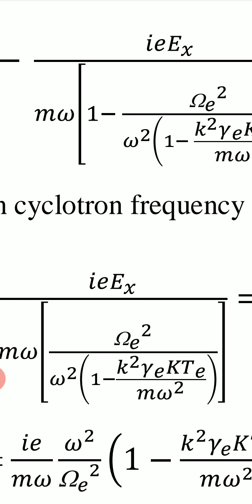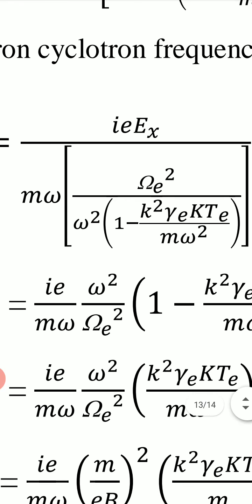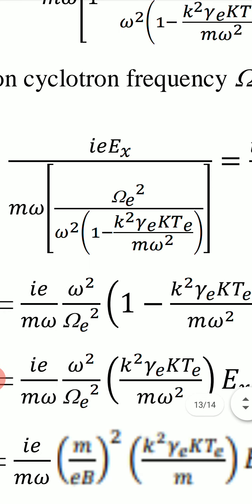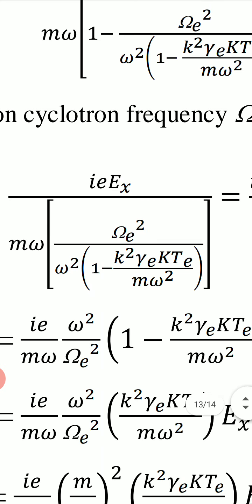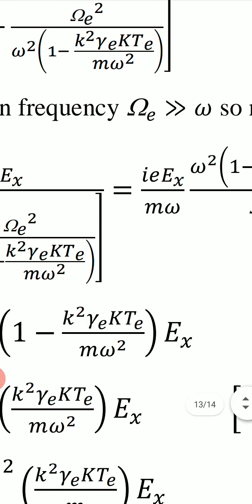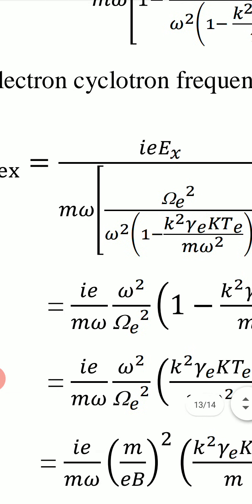So we neglect this 1 in the denominator, and then we have Vex equal to i e Ex upon m omega. This one is neglected, and we have omega e square upon omega square into 1 minus k square gamma e k Te upon m omega square. We can write this as i e Ex upon m omega.